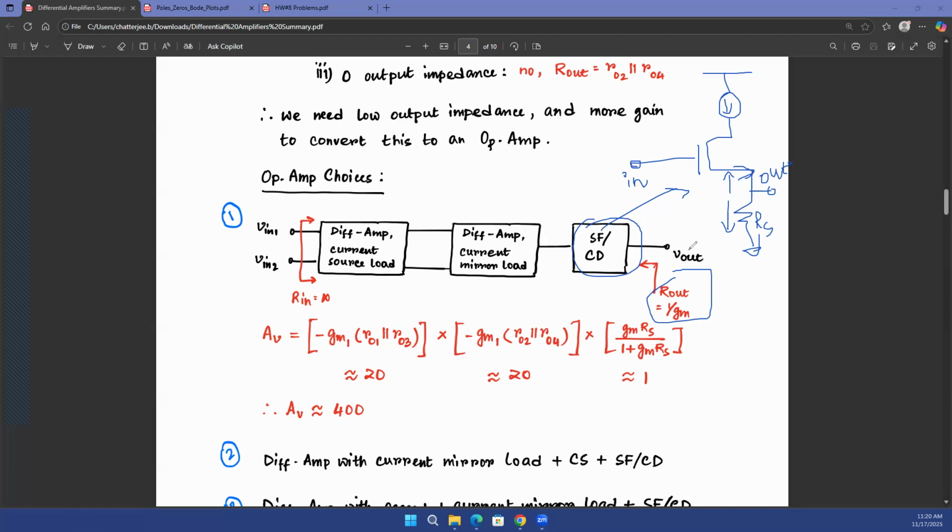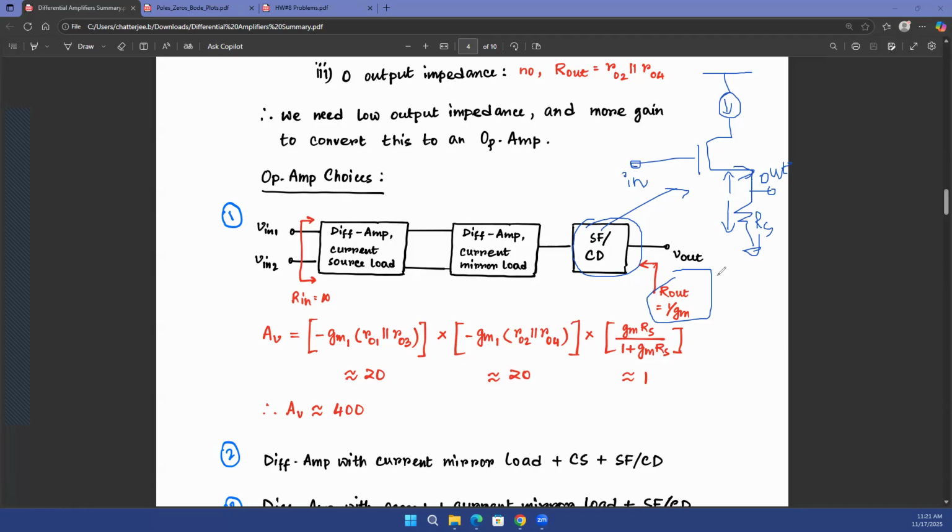Now, 1 upon gm is much smaller than RO. Again, you have solved your homework 6, homework 7. You know that 1 upon gm is going to be much smaller than your RO. So this is much better as compared to the scenario we had earlier, where we had RO as our output resistance. Having 1 upon gm means my output resistance is significantly lower.